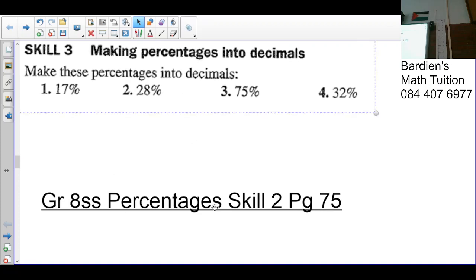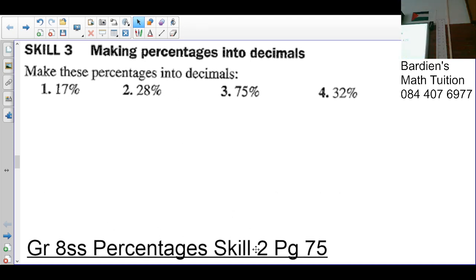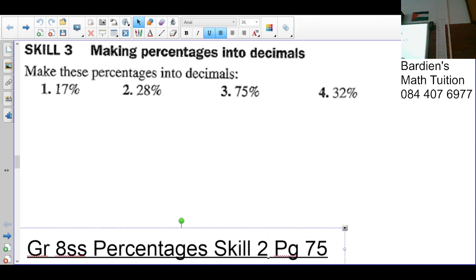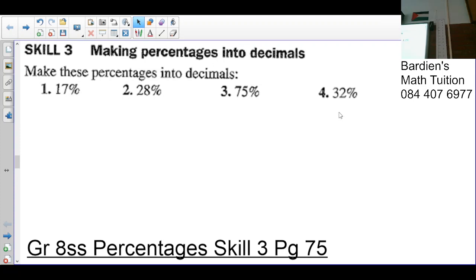Skill 3. So in skill 3, it's on page 75. Alright, make these percentages into decimals.